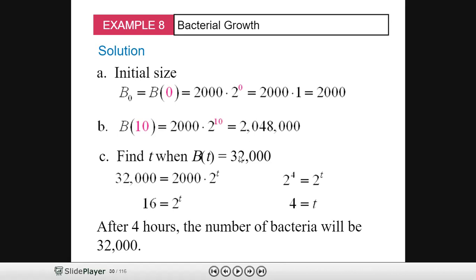Find t when this will be this one. Here 2 raised to the power t, you are looking for t. After solving that, you have to make the bases the same to get the exponents the same. In this way, 16 can be written as 2 raised to the power 4. When the bases are the same, their exponents are also equal. So that is 4. After 4 hours, that is the quantity.